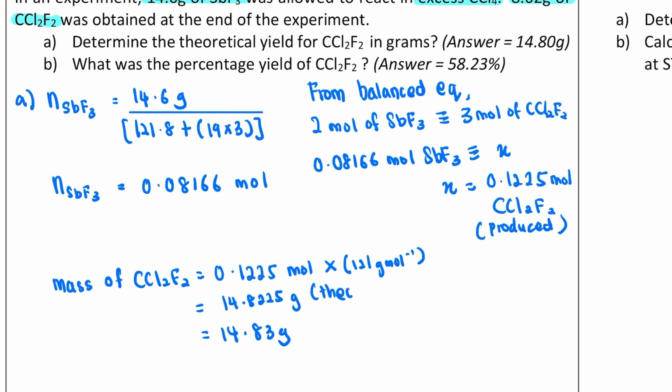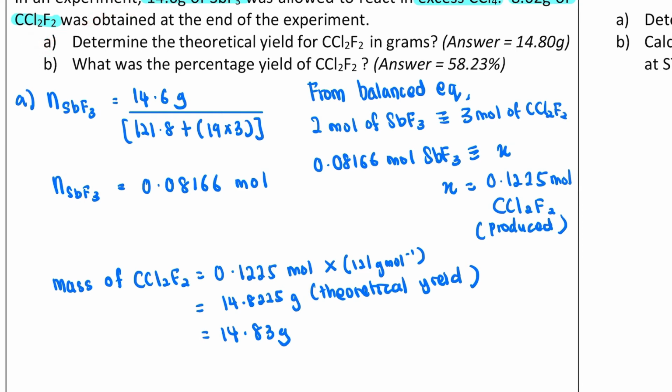Okay, so kita label this is the theoretical yield of CCl2F2. That means this is the mass that we should get by the end of the experiment. Okay, kira yang sepatutnya kita dapat. Okay, tapi macam saya cakap tadi, yang kita dapat easily kurang daripada ni atas faktor kita bila kita buat eksperimen tu lah. Okay, so done for A.